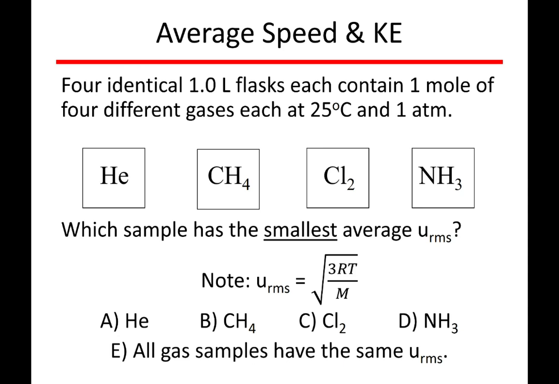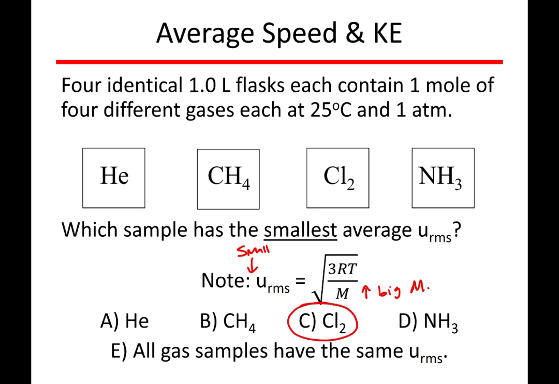And what we recognize here is that in the URMS equation, we're dividing by molar mass, meaning that we've set up an inverse type of proportionality. So if you want a small value for URMS, then you need to divide by a really big molar mass. So for a small URMS, you're going to want a big molar mass. And the sample that has the smallest average RMS will be the sample that has the biggest molar mass. In this case, it would be the Cl2.